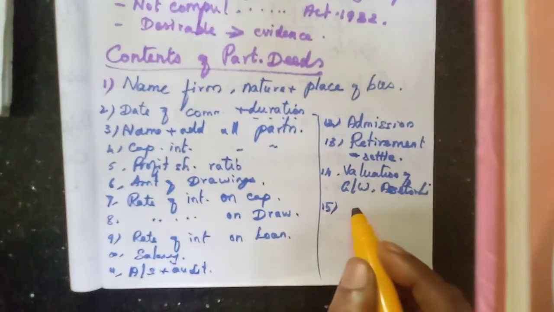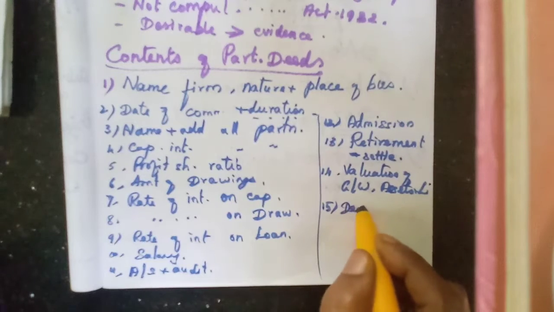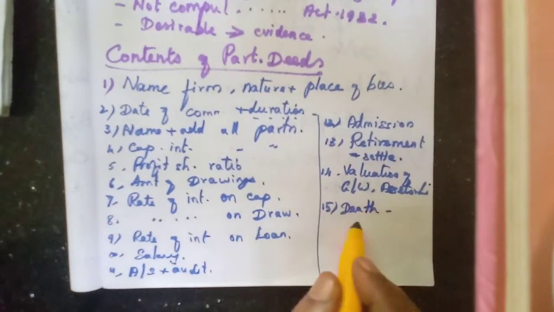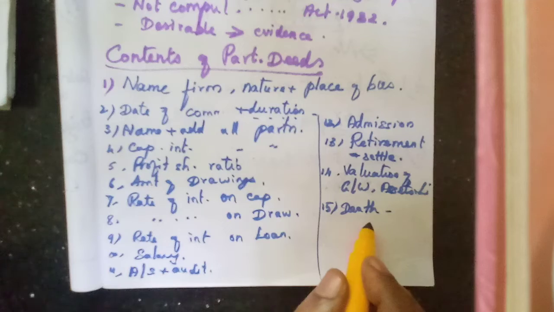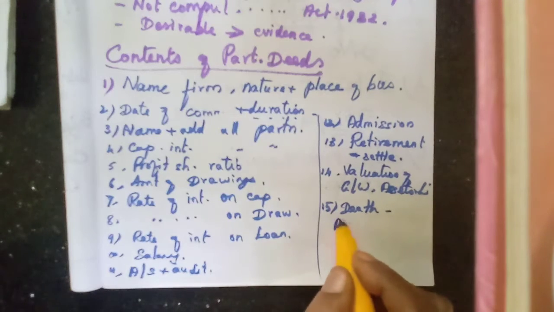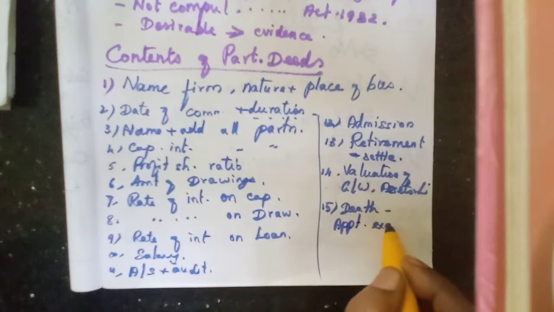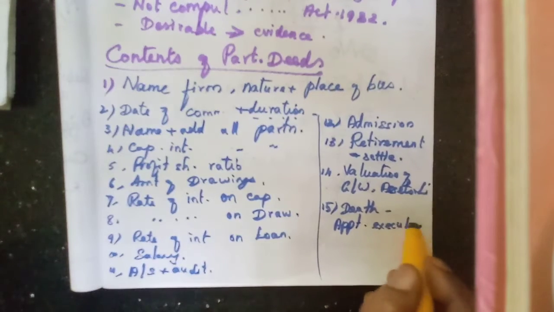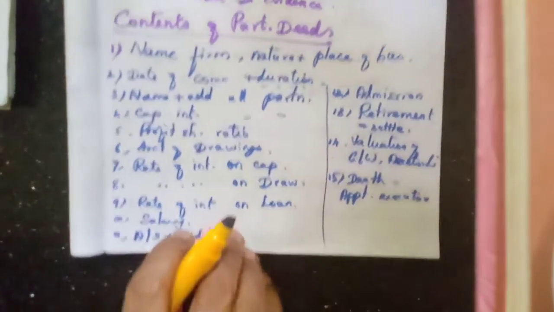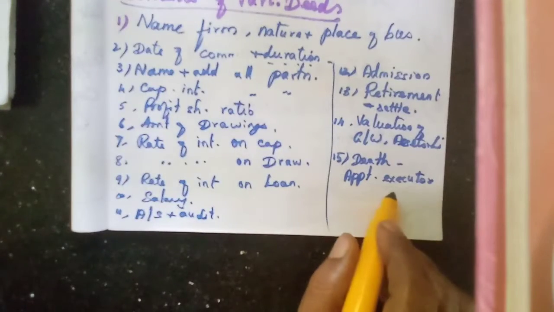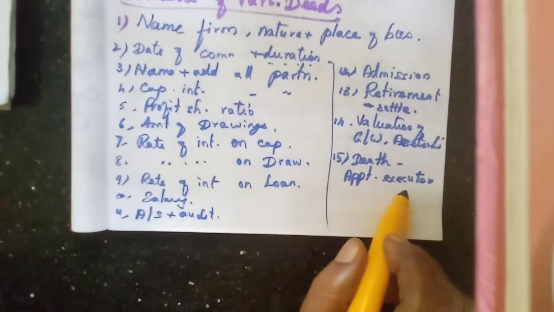Then at the time of death of a partner, if any partner expires, they have to appoint the executors. Executor means a person in charge for the deceased partner, to collect the dues.